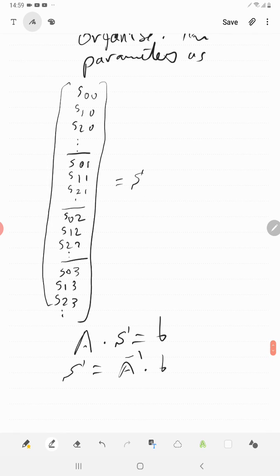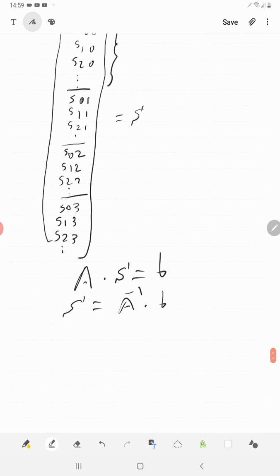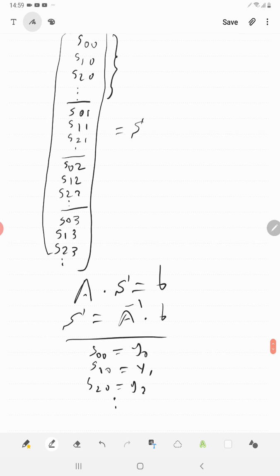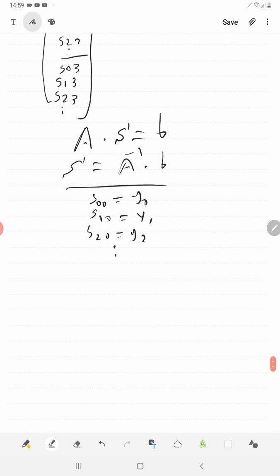For the first equations here, we know that S00 equals Y0, S10 equals Y1, S20 equals Y2, and so on. Okay, so we know the B's of the first, and the A's also.